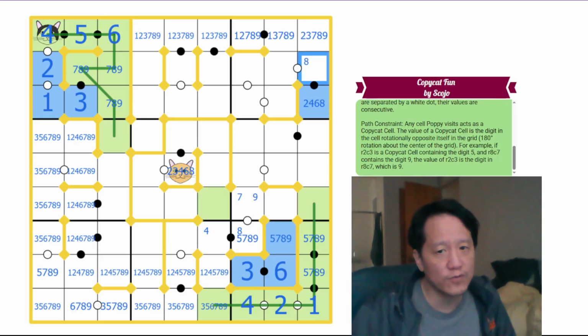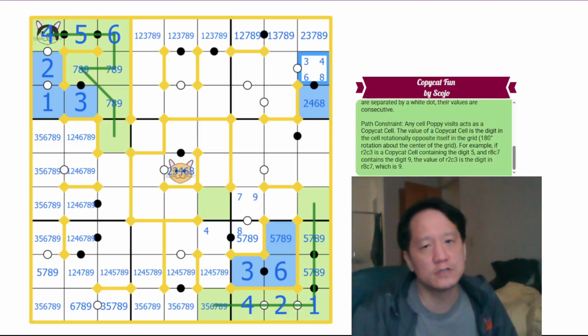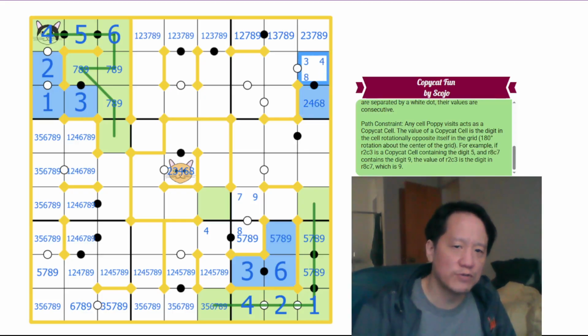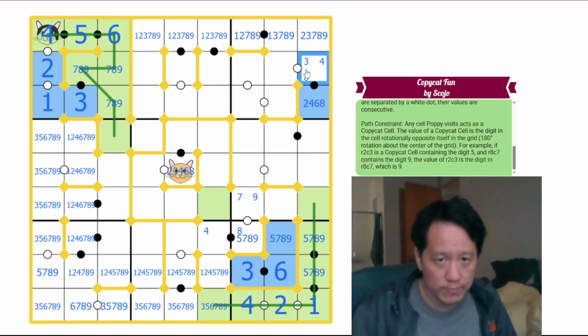It could be 3, 4, or 6. So if this is value 3, this is 6. This cannot be value of 6 because this can't be 3. So this is 3, 4, or 8 here. If this is 8, this would be 4.